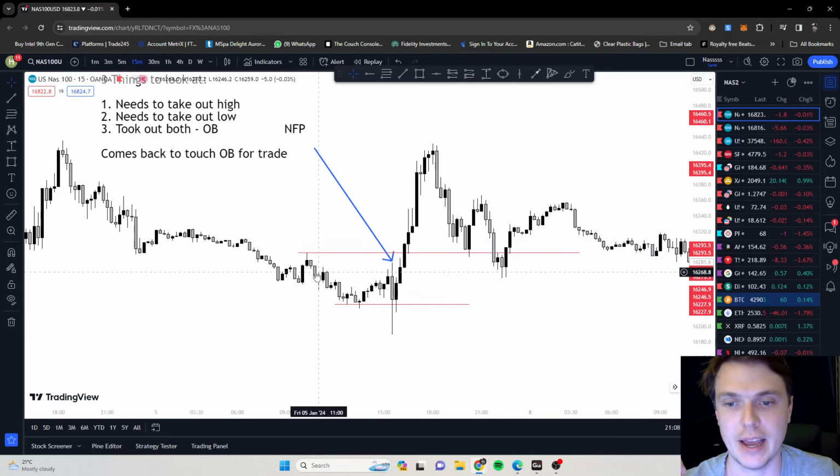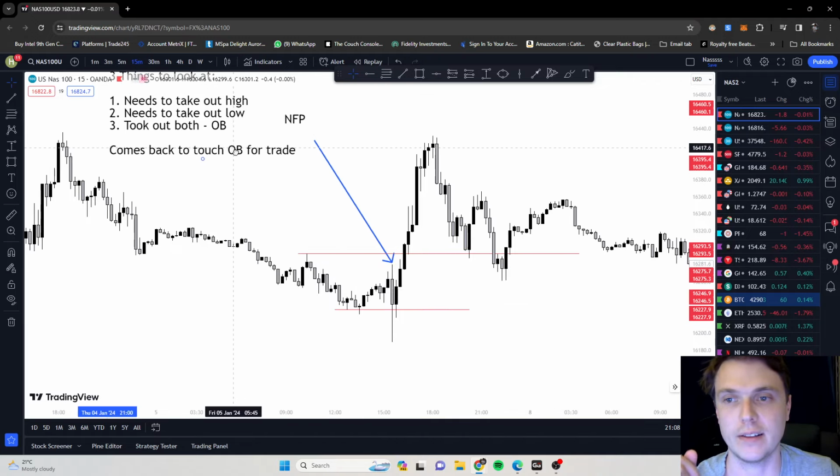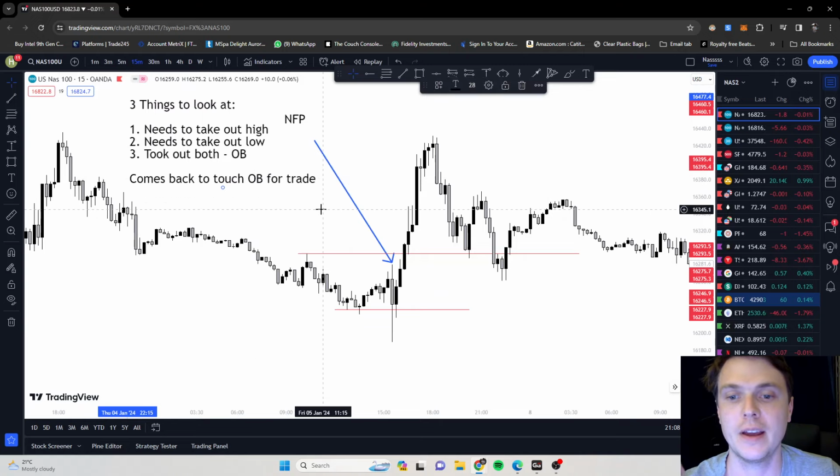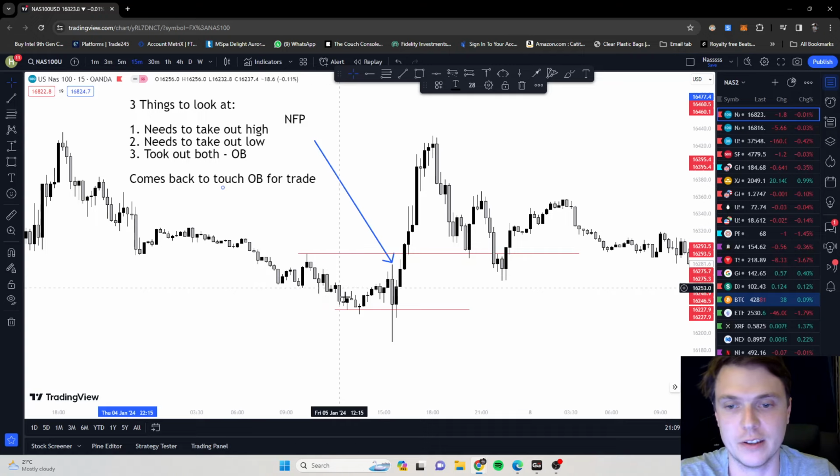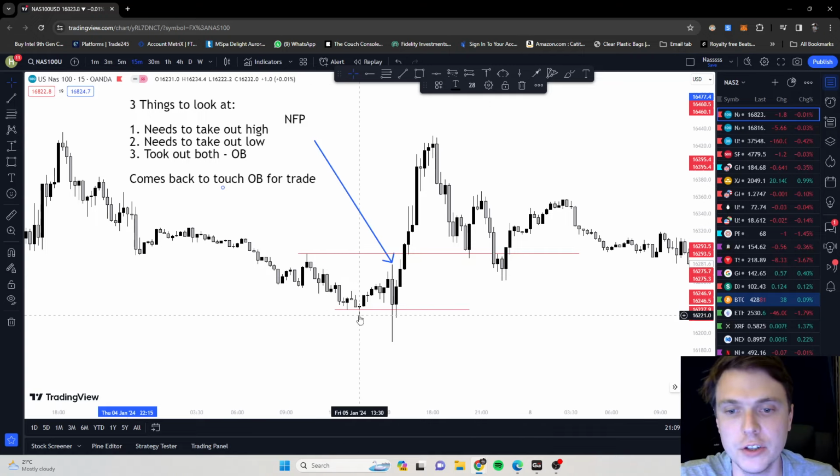London opens at 9 in South Africa, so just check what time London opens for you. Then 4 hours later, 1 o'clock is the last cutoff point for my low. In this case, 12:45 will be my lowest spot. 1 o'clock is there, so that's not my lowest spot. 12:45 will be the lowest spot in this range. So you can see at 13:30, it took out the low already.